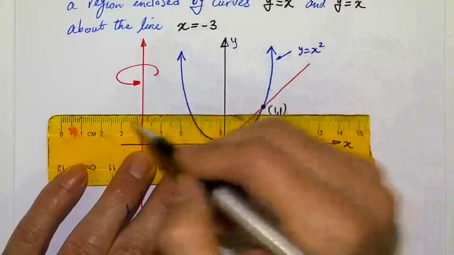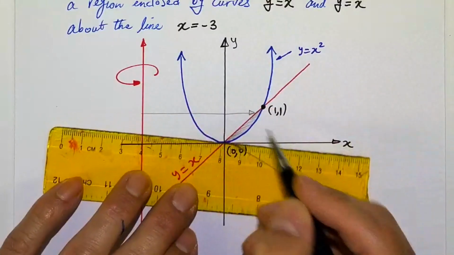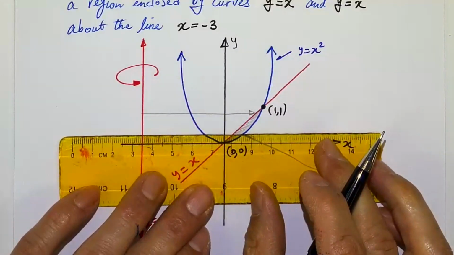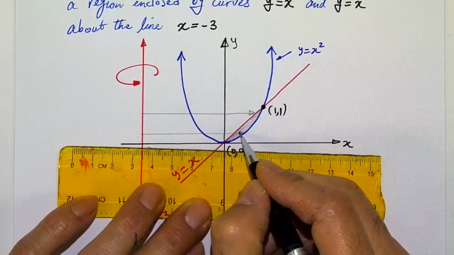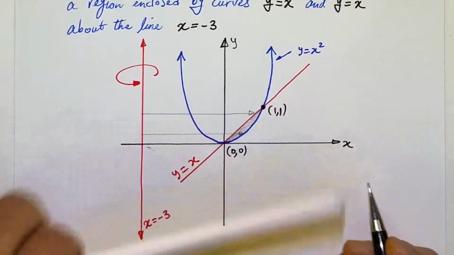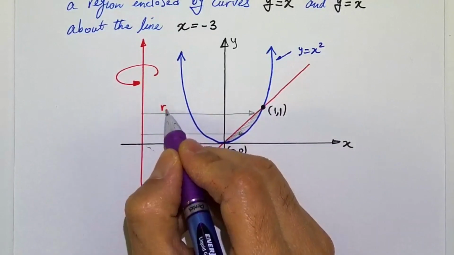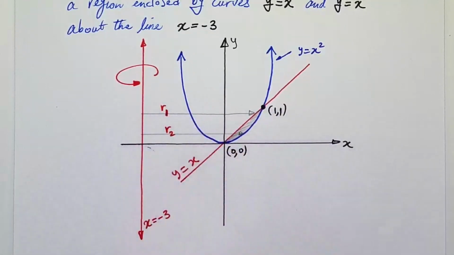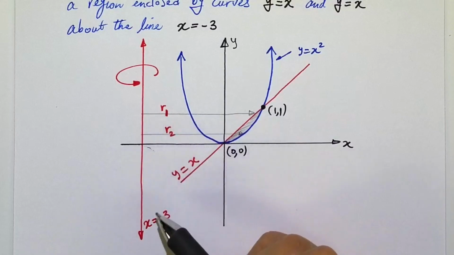So with respect to this axis, what do you think about that? Let me label these, and we'll show that distance and that distance. So if I label this as R1 and this as R2, what about R1? Is that the inner radius or the outer radius?